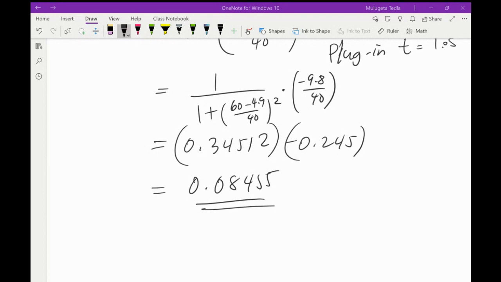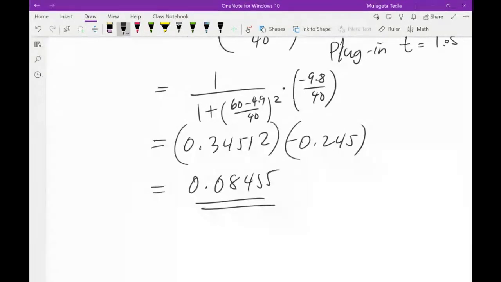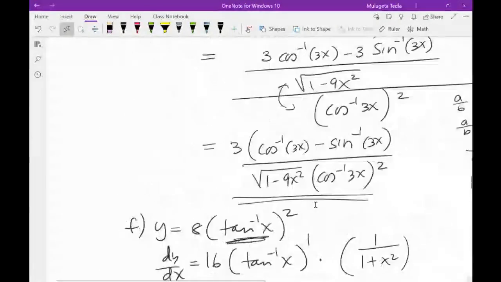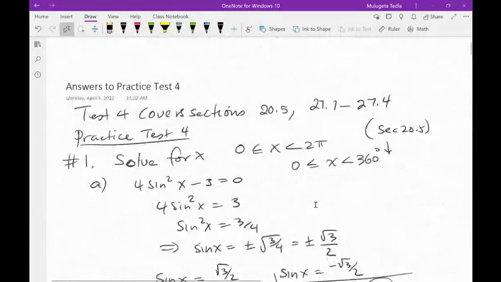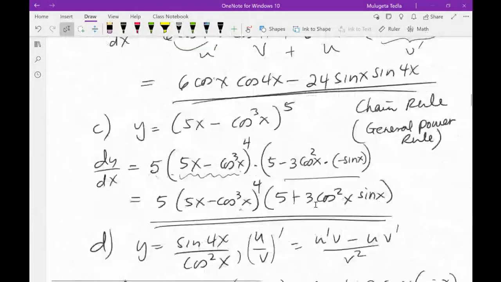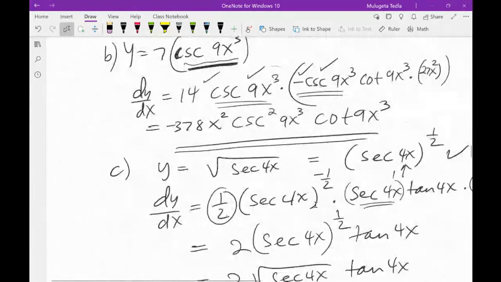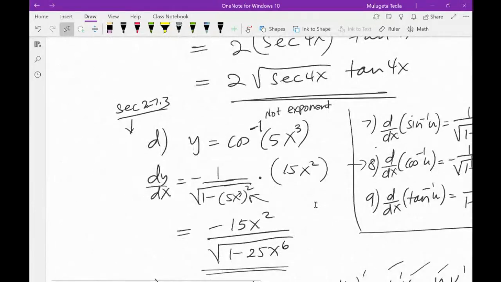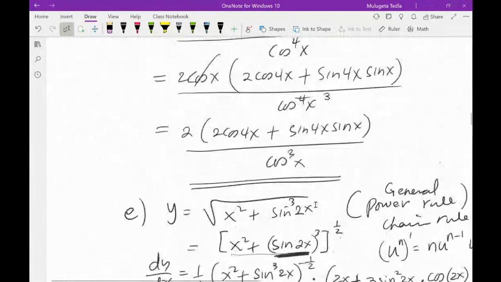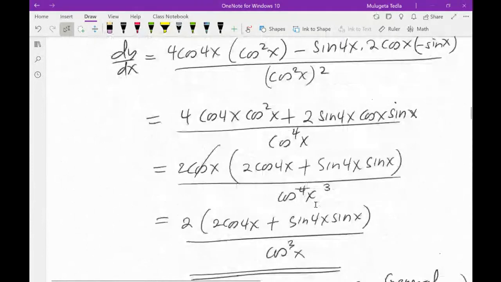Good. So in question 2D, we took 2 cosine x as a common factor, right? Yes. The practice question number 2D, the one we did today? Yes. Okay, number 2D.